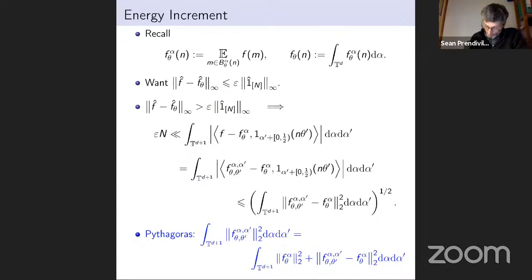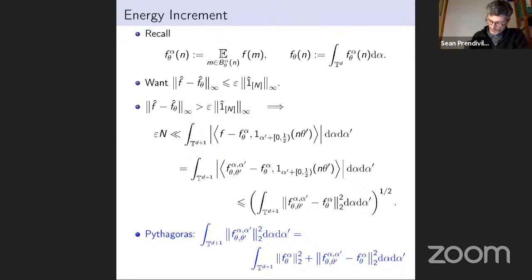So by Pythagoras' theorem, the L2 norm, or the energy of our refined projection, is equal to the energy of the coarse projection plus the energy of the difference between the projections.